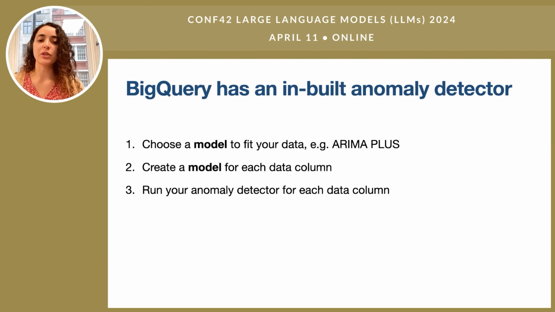Once you've built those models, you can run your anomaly detector for each of the data columns to see, was there any anomalies within the energy generation in Wales, etc. Now, BigQuery does allow you to have interdependence between your columns, especially when you're building your model. For the case of this experiment, we assumed more that the columns were independent of each other. But of course, that will depend on your application and how you want to get your model to be trained.